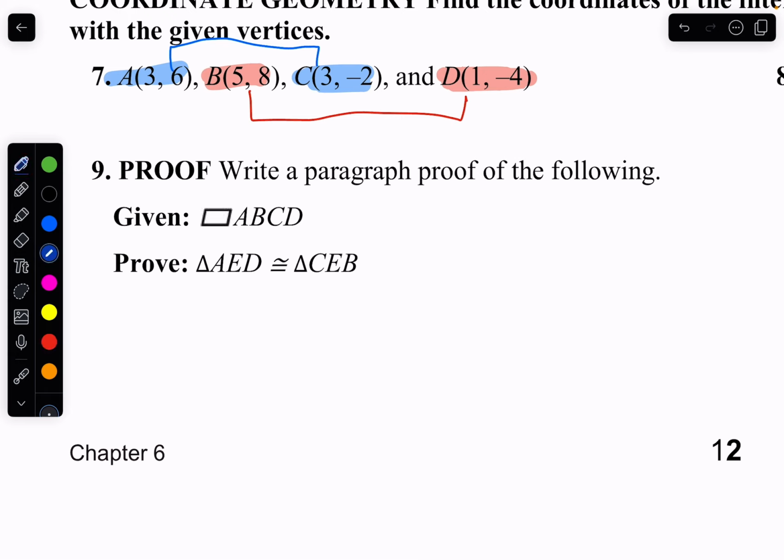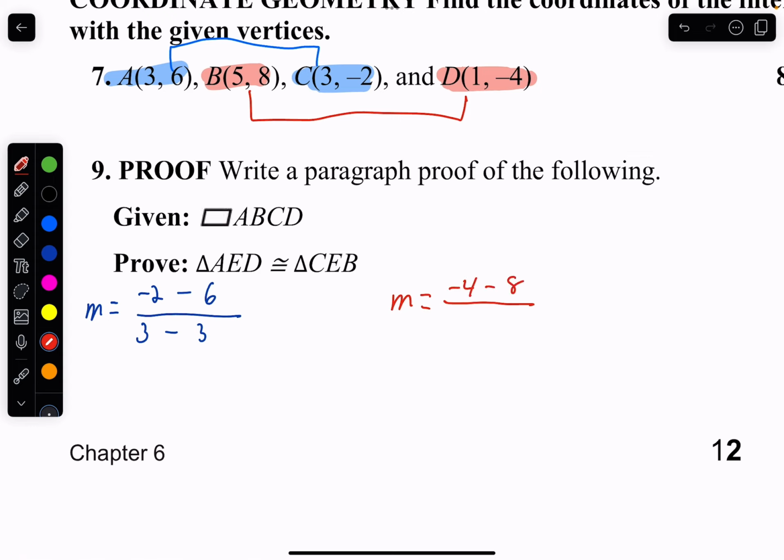So we're going to start with the blue line, and we need to find the slope first. From algebra 1, we know that slope is y2 minus y1 over x2 minus x1. y2 is -2 minus y1, 6. x2 is 3 minus x1, which happens to be 3. Red line: we have y2, -4, y1, 8, x2, 1, x1, 5.